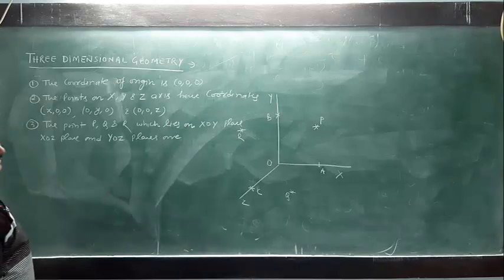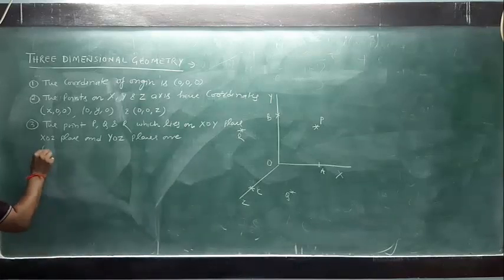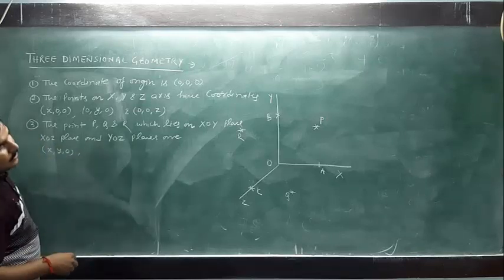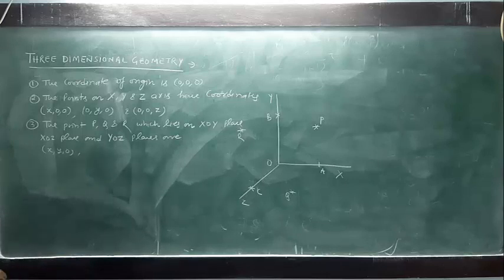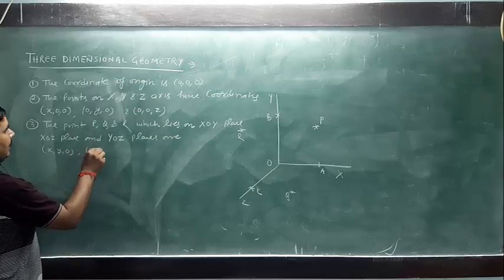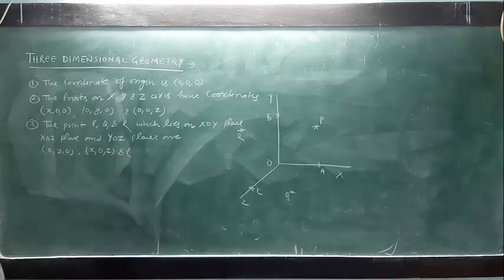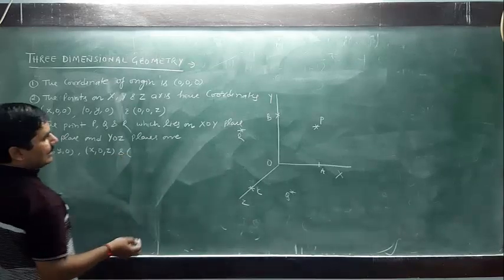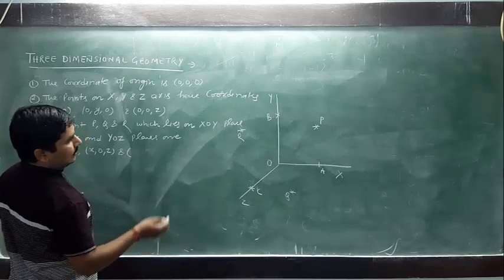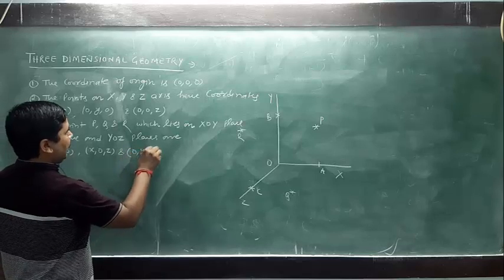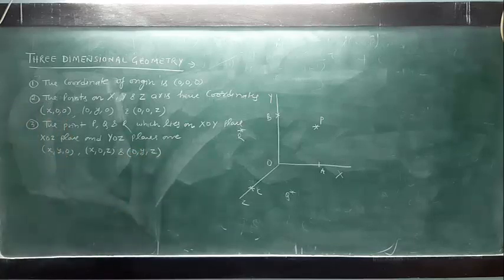The point P, which lies in the XY plane, the coordinate is x, y, 0. The point Q, which lies in XZ plane, the point is x, 0, z. And finally, the point R lies in YZ plane, having the coordinates 0, y, and z.